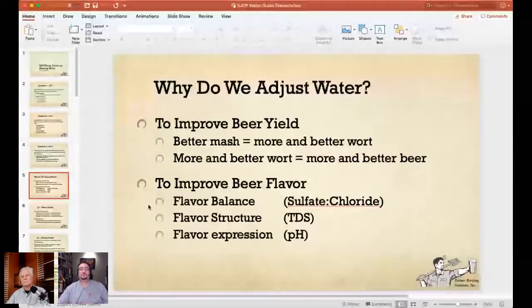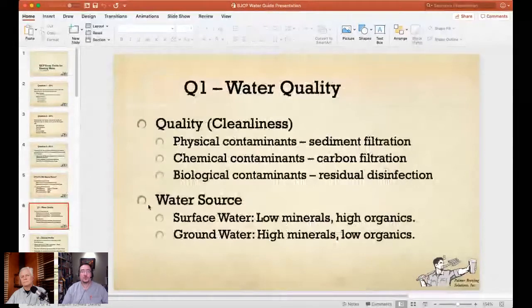All right, so going back to question 1, water quality. Quality is the water's cleanliness. And you have 3 types of contaminants in your water that can affect your beer. Some are physical contaminants, such as sediment.